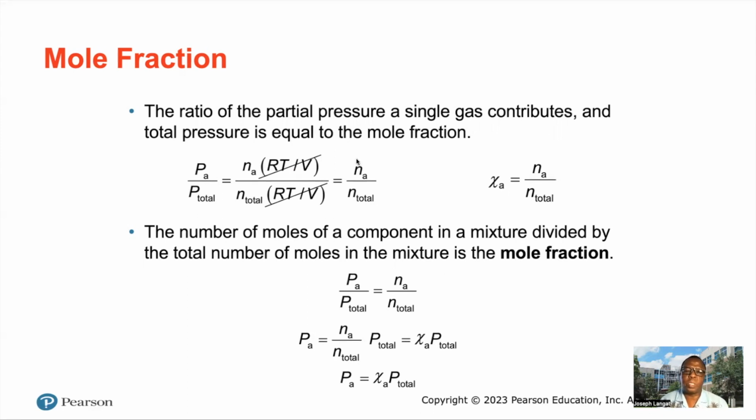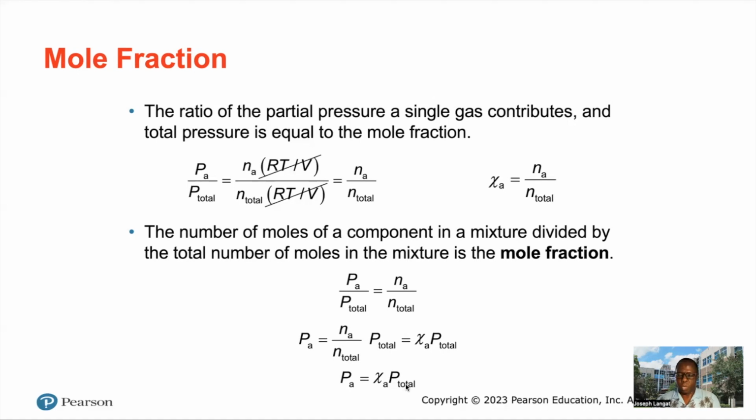Mole fraction is the number of moles of component A over the total moles. We can calculate the partial pressure of gas A by taking its mole fraction times the total pressure.